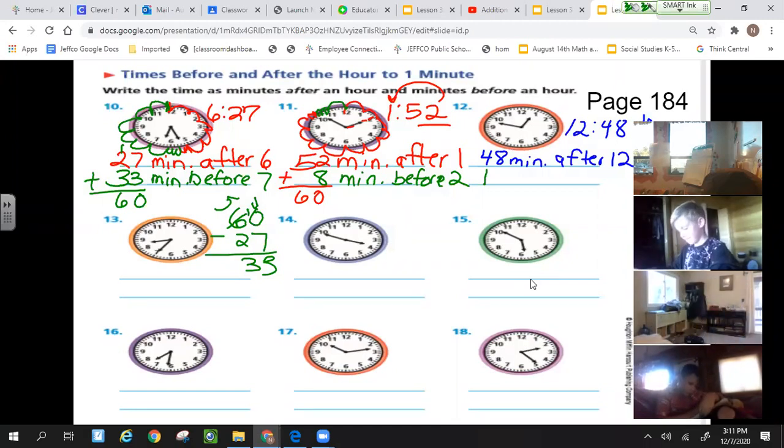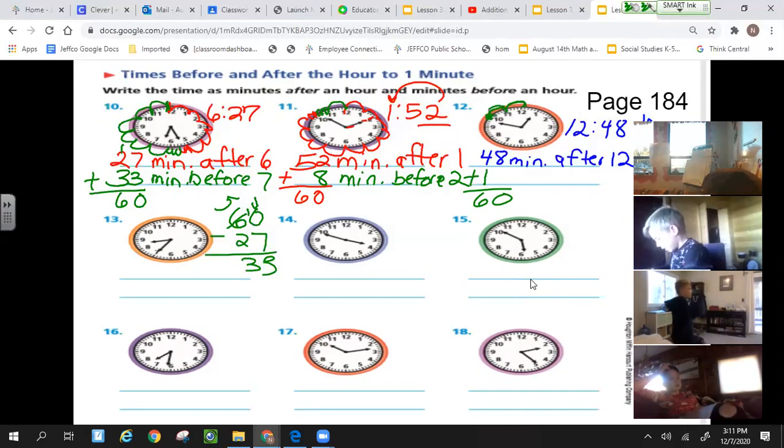How many more minutes before the next hour? What plus 48 is going to equal 60? So 5, 10, 11. 11. Close.